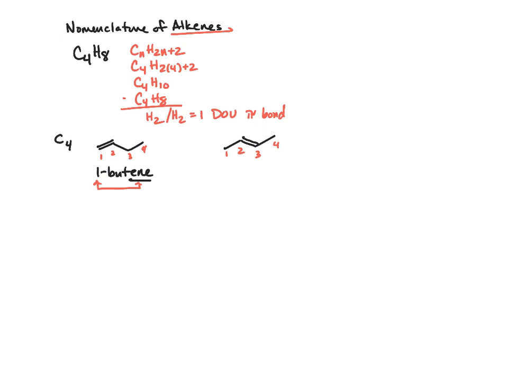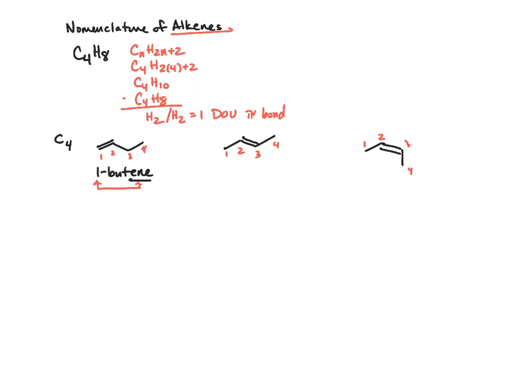And what I want to do is go ahead and show the other possible constitutional isomer so that we can see comparatively why there's a difference between these. I'm going to draw the C4 chain slightly different this time. I'm going to go ahead and number it. 1, 2, 3, 4. And I'm going to put the pi bond in the same position between 2 and 3.